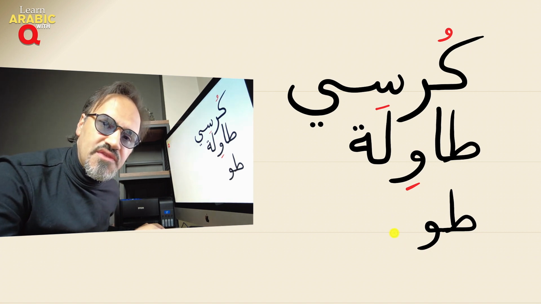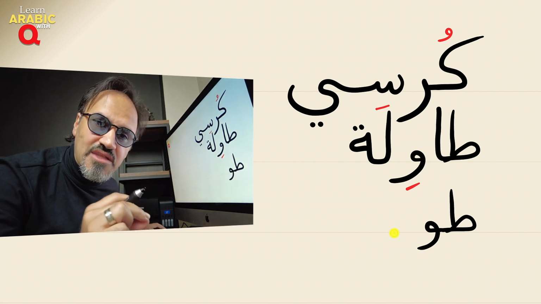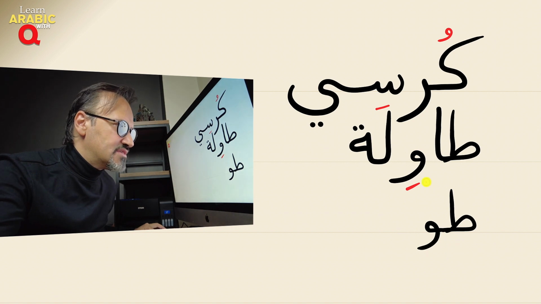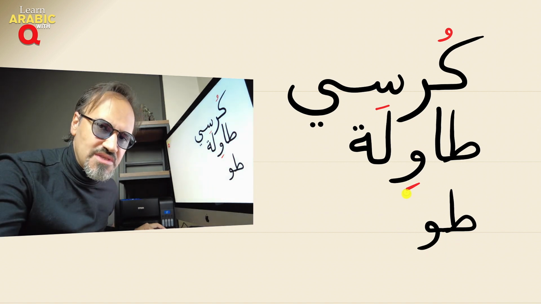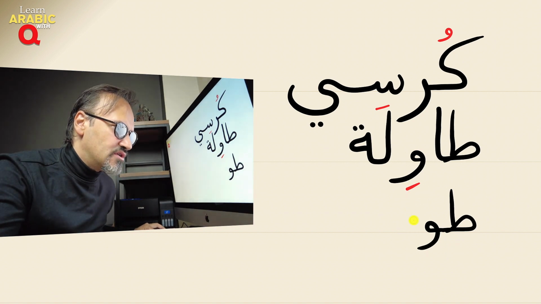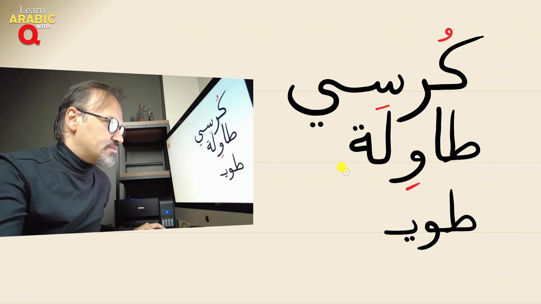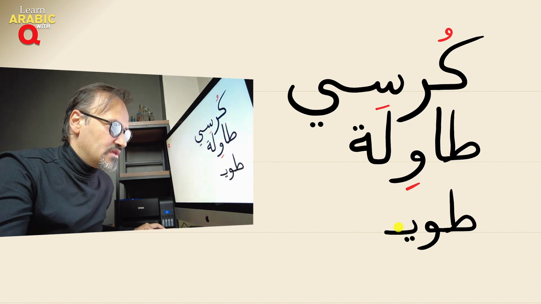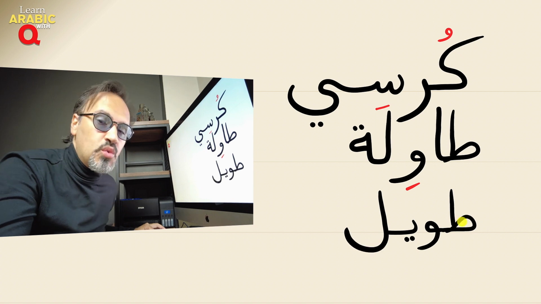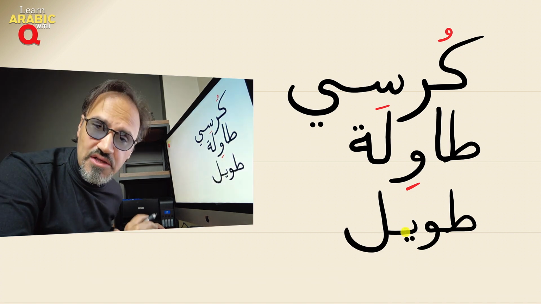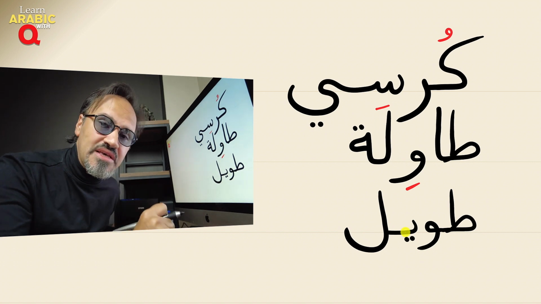I didn't say tawil, I said tawil. So I can't put a kasra here anymore. It's not enough. I actually need a letter to make that sound. Tawil, so I put the ye. This ye, these are the same letters, by the way. Remember that from the alphabet lessons. Tawil means long.